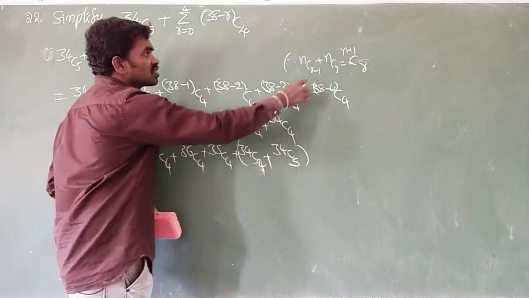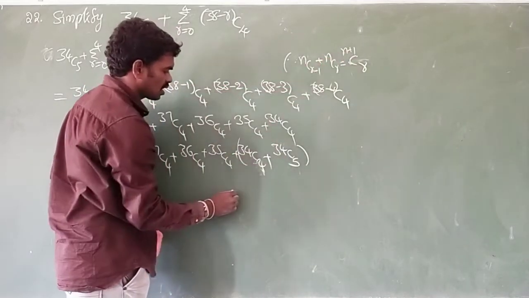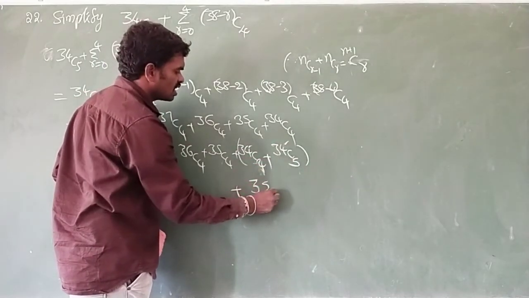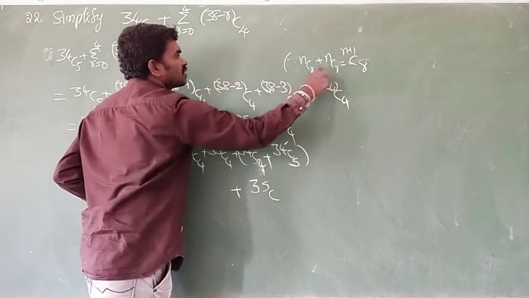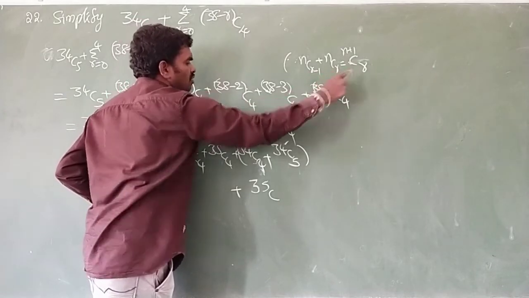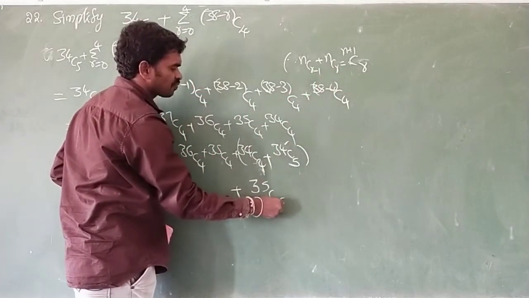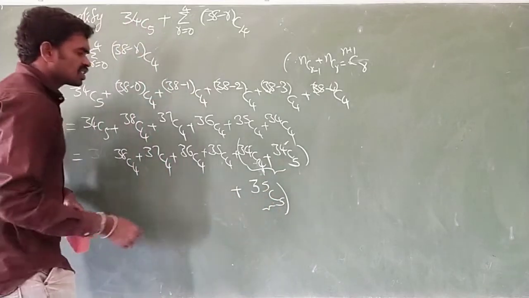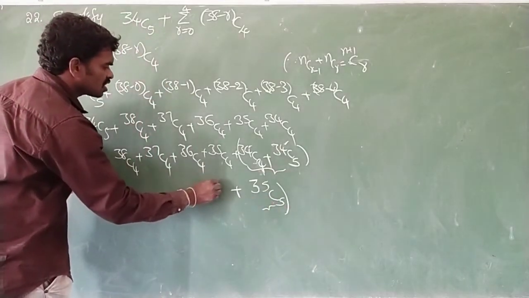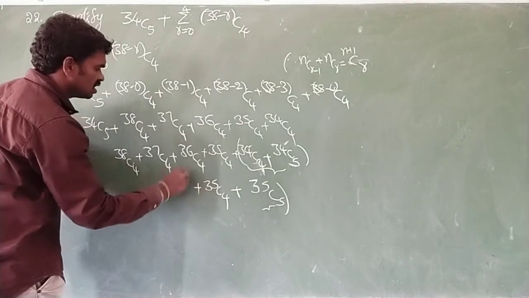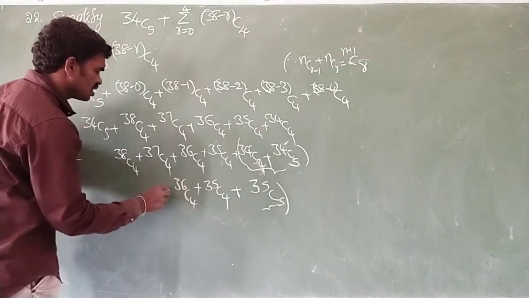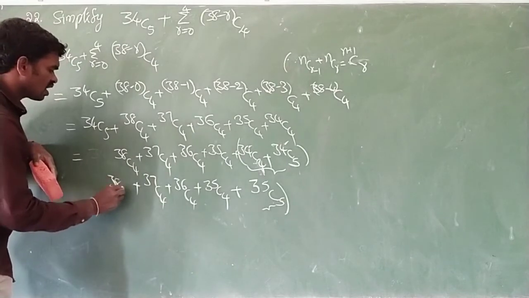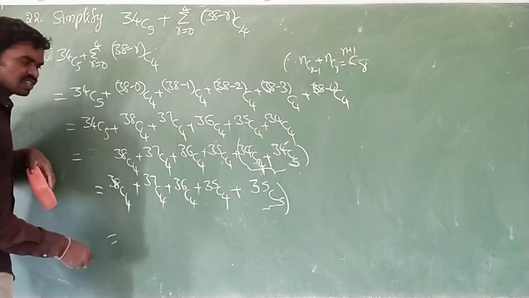So we use this formula, which equals n plus 1 Cr. n plus 1 means 34 plus 1 becomes 35, and instead of r minus 1, r we should write, which is 5. From this we got this term, and the next terms are 35C4, 36C4, 37C4, 38C4 as they are.